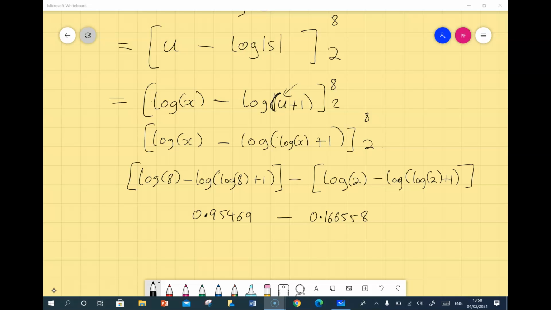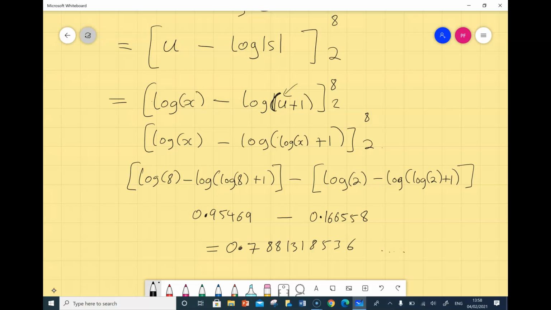Okay, and one minus the other gives me 0.78813185336 and on and on, however many decimal places you're looking for. As always, just double check, quickly run over my expressions in case I made a stupid mistake like leaving out a minus here or there, but I'm quite confident in that. Okay, thank you.